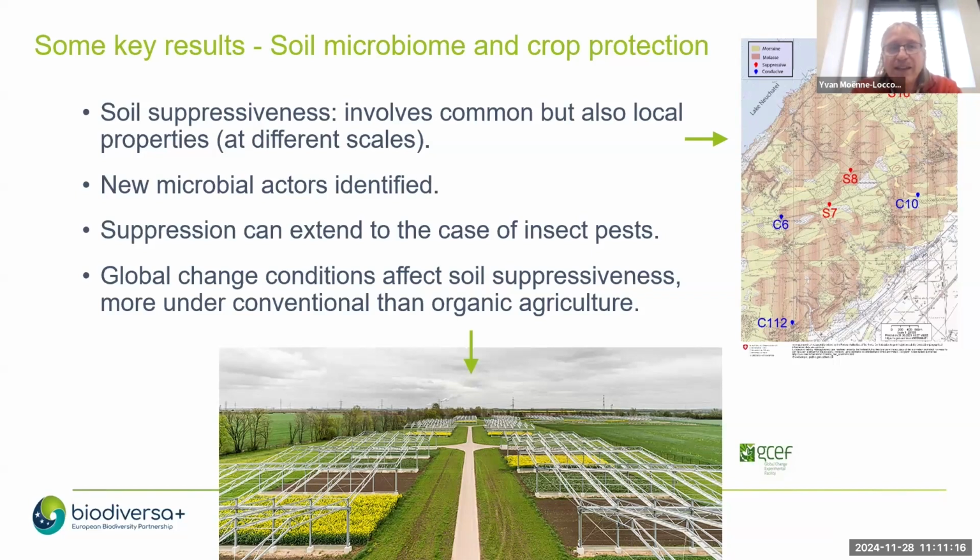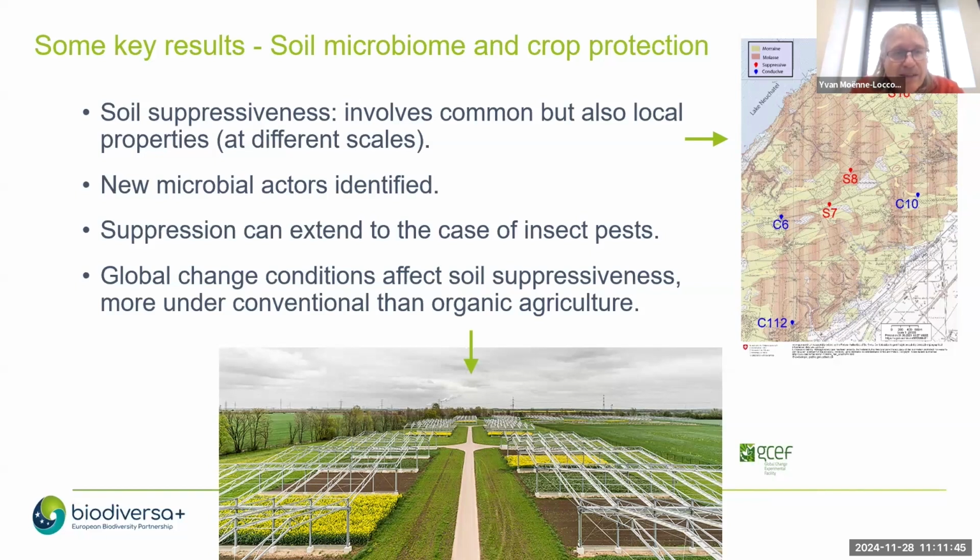So it means the scale is important. To the right here, you've got a map of a region in Switzerland where we picked up a number of soils that we've been monitoring for a long number of years now. And this is the type of soil that we compare, at that local, regional scale, and then in comparison with soils of similar type that are located in different countries and for which that type of property has been assessed as well.